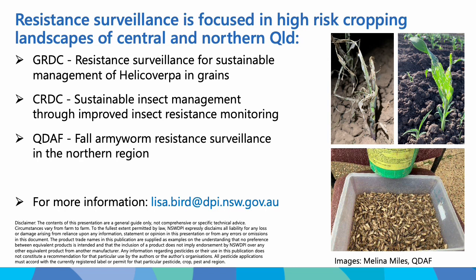And this project takes a broader cross-industry approach to surveillance because we're testing samples from both the grains and the horticultural systems up there. So we're anticipating that the outcomes from these projects are going to help to inform future management of both fall armyworm and armigera.